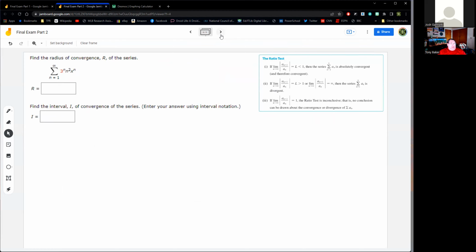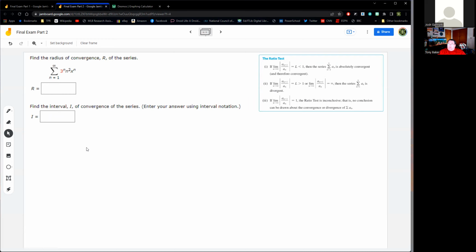The next two are both power series problems. One is a power series, and we want to find the radius of convergence and the interval. The other one is a function that we want to represent as a power series. You are always going to use the ratio test to find the radius of convergence.